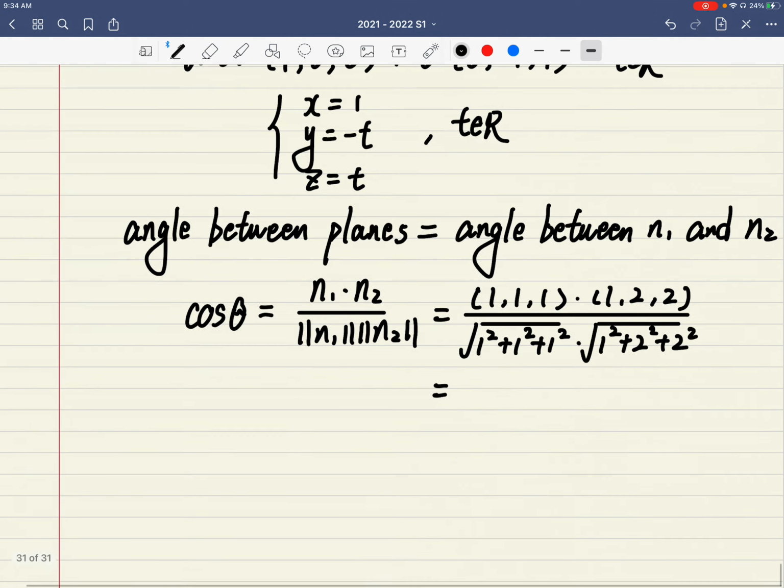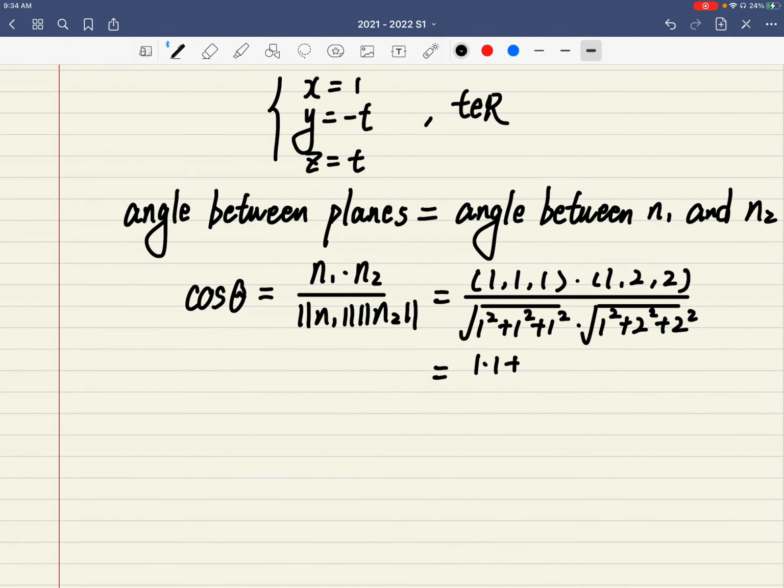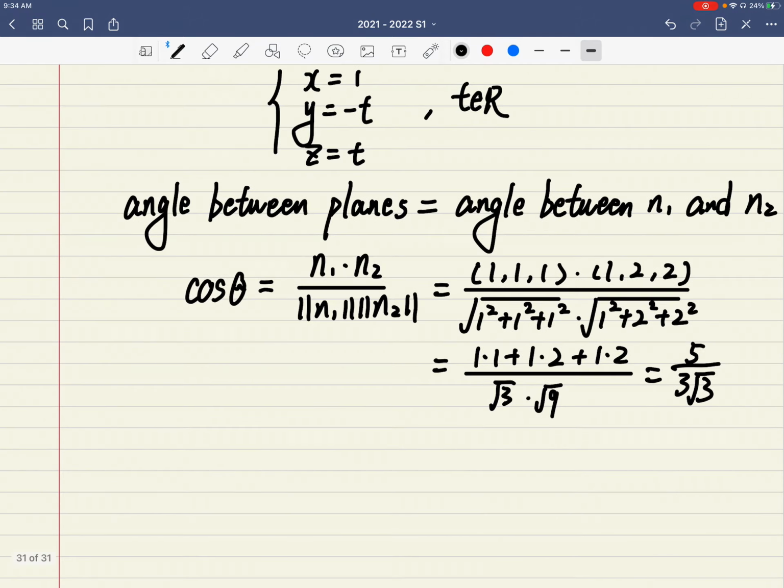So the top is 1 times 1 plus 1 times 2 plus 1 times 2. The bottom is square root of 3 times square root of 9. So the result is 5 over 3 square root of 3. Then you can get theta with your calculator. Theta is around 0.2756 radian. This is the angle between the two planes.